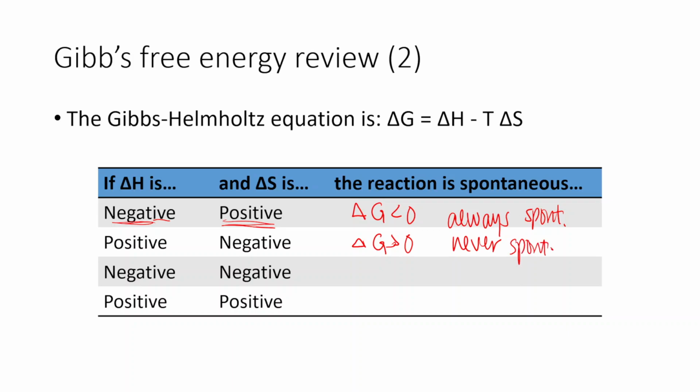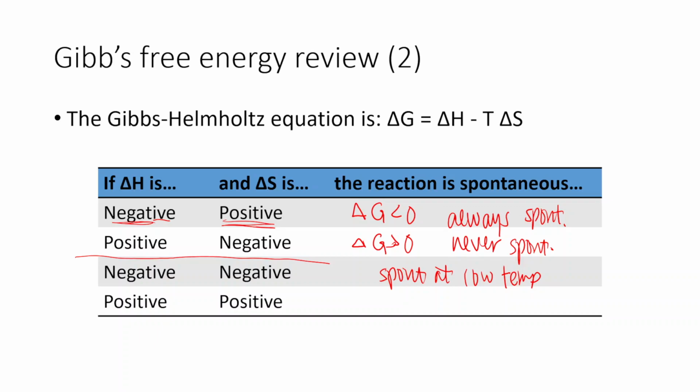So now we get into these other two. If delta H is negative and delta S is also negative, then what do we have? Spontaneous at low temperature and non-spontaneous at high temperature. So when T is small, delta G is dragged to be a more negative number. When T is large, delta G can be dragged into a positive number. So spontaneous at low temperatures.